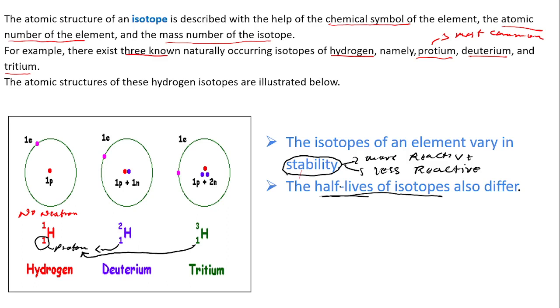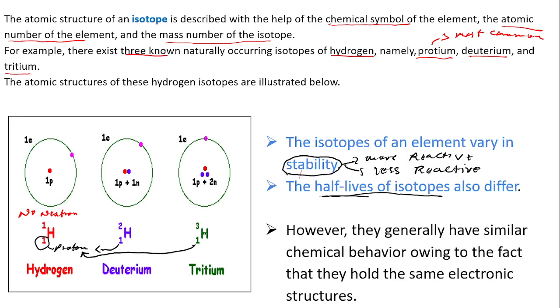Why is it that they have similar chemical behavior? It's because we know that the number of protons is equal to the number of electrons. Can we see the pinky particle which is moving around?